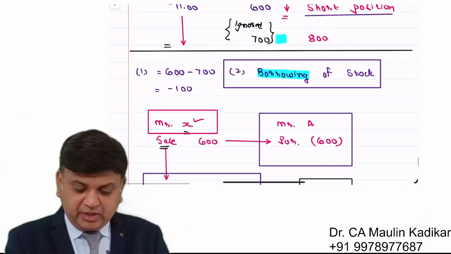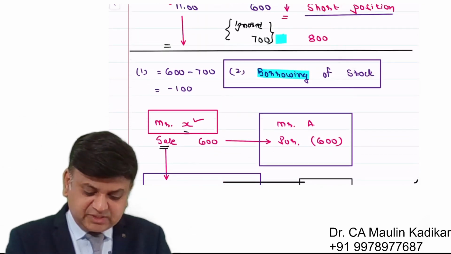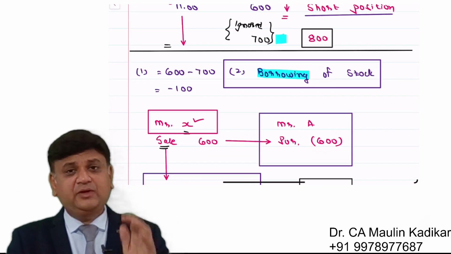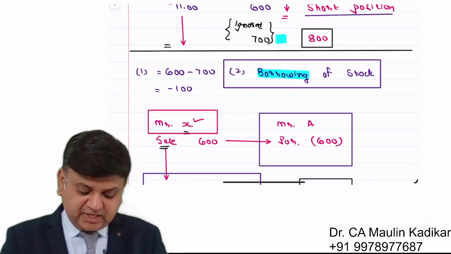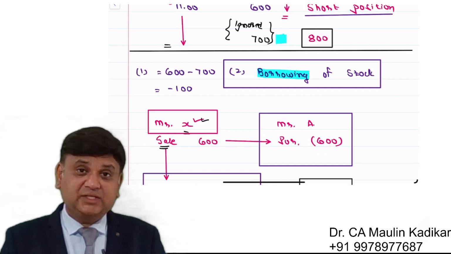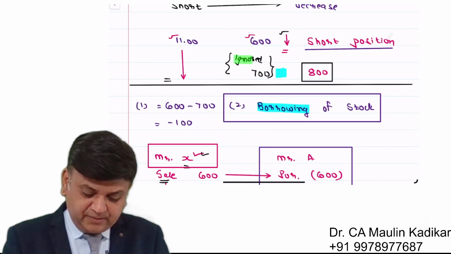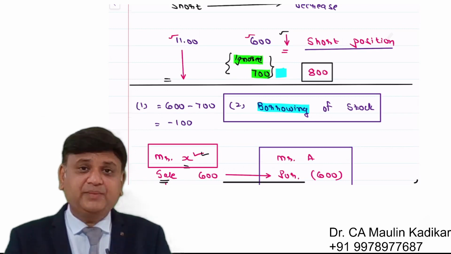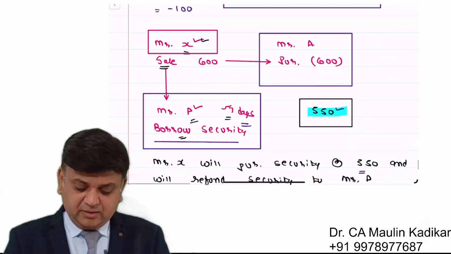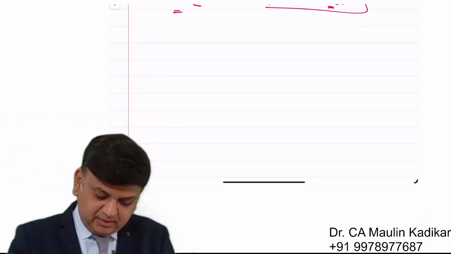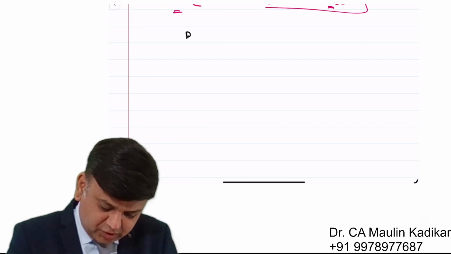If the price is going up, then Mr. X will incur a loss. So whatever the fluctuation of the price risk is there, it is for Mr. X only. That is what we understand. As far as this 700 rupees price is concerned, that is absolutely not a price to be considered anywhere. That is on borrowing of stock.